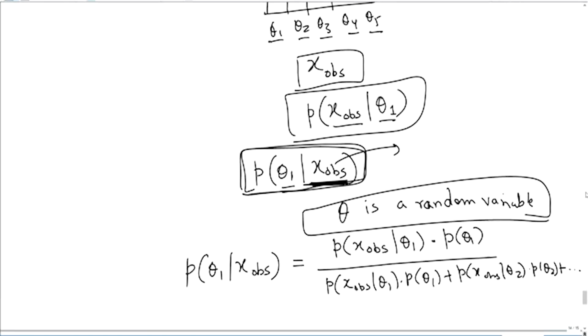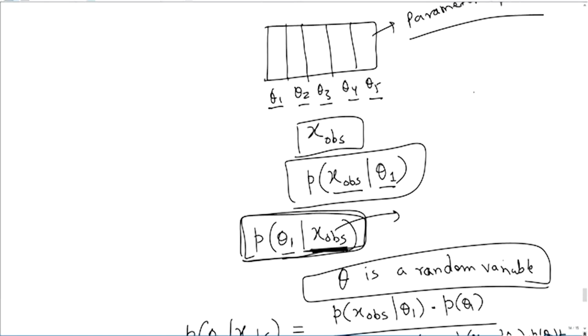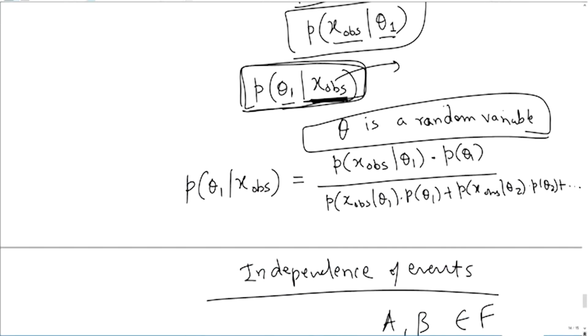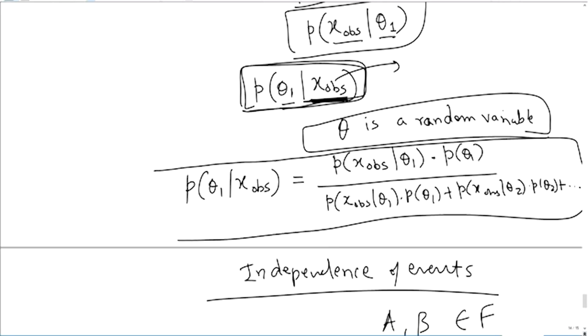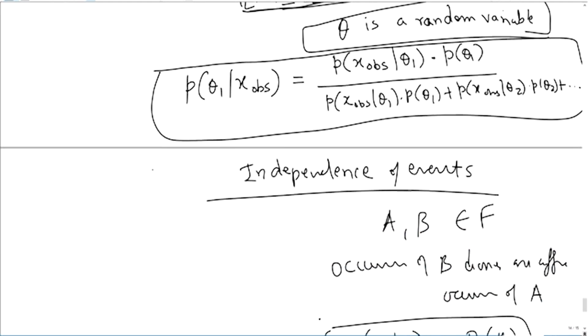Now you will sum it across all these 5 possible values of theta, right? That's what will go in the denominator. So this is how you can apply Bayes theorem for inference. How we can use it for inference? What exactly are we inferring here?